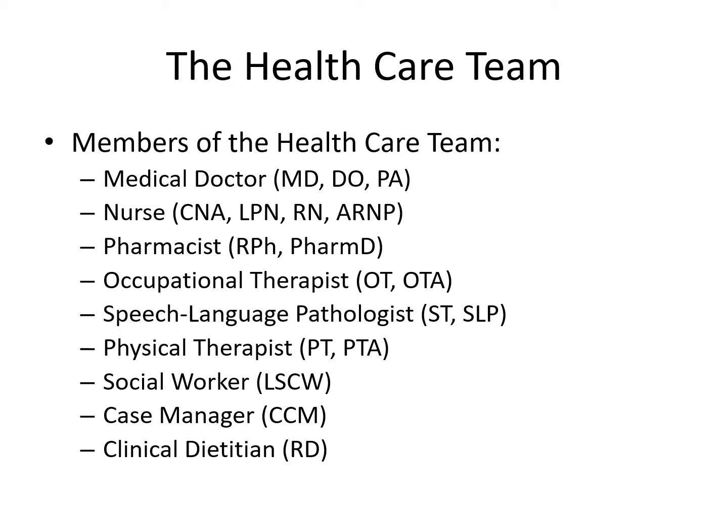If you can imagine though, a patient's medical condition affects what diet they get. The nurse is going to control what diet gets delivered to them, how things are executed on the floor. The medications prescribed by the pharmacist are going to affect appetite and tolerance. Occupational therapy: can the patient actually cut up their own food, or do they need assistance? Speech language pathologist: can the patient swallow safely the food you're ordering for them?